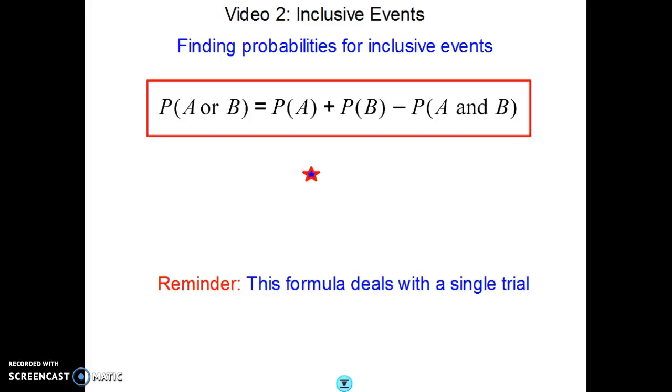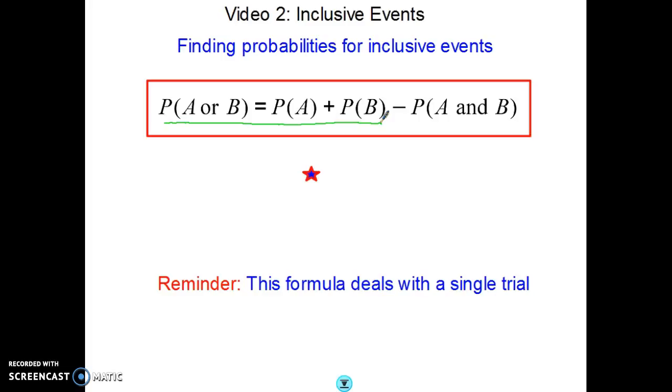Now, most of this should look pretty similar to what we saw in the last video. This whole first portion is all the same as the mutually exclusive formula. The difference is, remember that now there's overlap between events A and B. There are possibilities that are included in both of those probabilities.